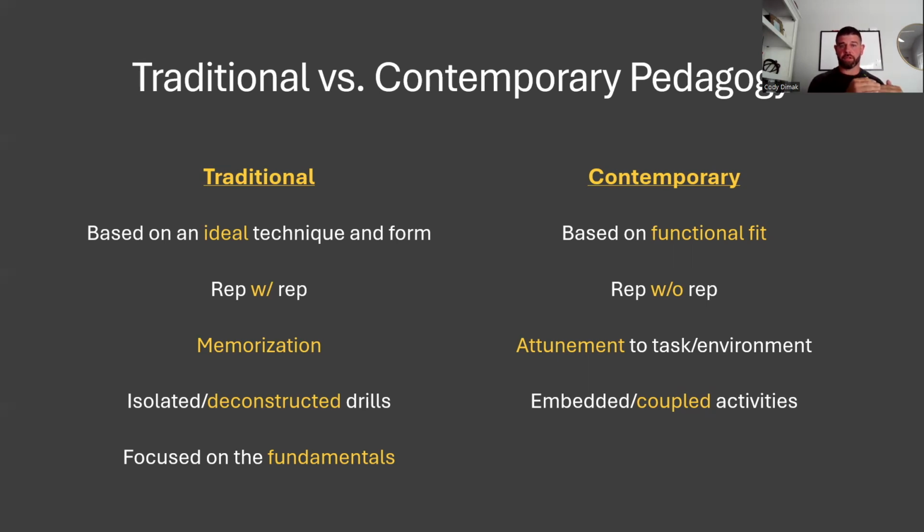So there's no incentive to field the ball and throw it to first fast if it's deconstructed, like we're just gonna hit ground balls. But if there's a runner, that tells them, hey, I need to get this ball and get it to first base, right? So the action of hitting and fielding is coupled with the runner going to first.